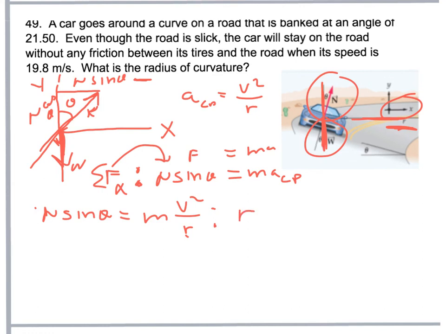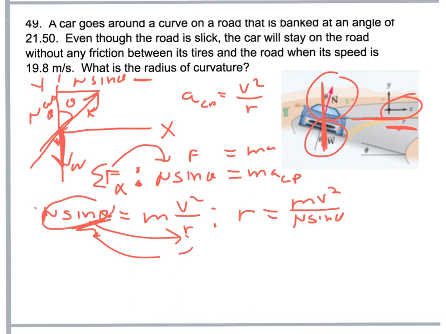We're going to keep our mv squared at the top, and this n sine theta moves over to the other side of the equation, so r swaps with n sine theta. So we want to set this aside for a minute. That's our equation 1, and we don't really have everything yet to plug in there.